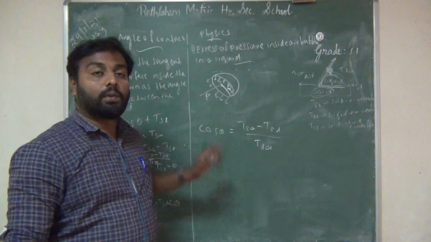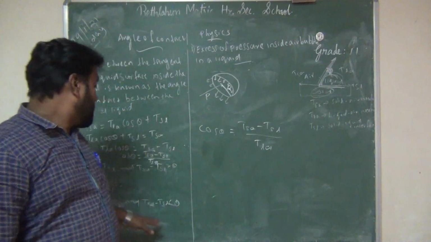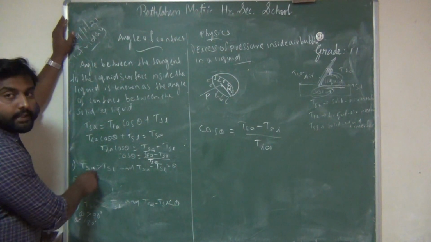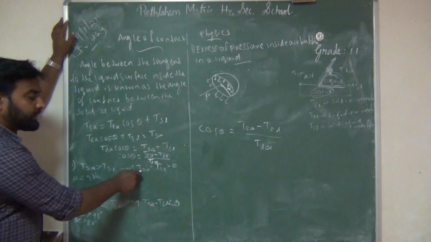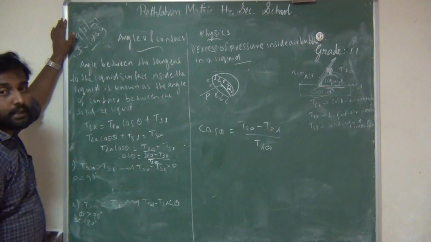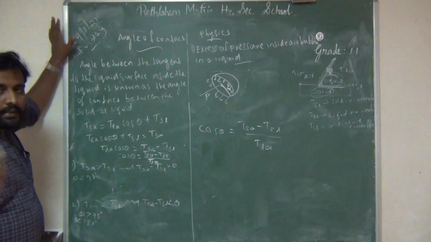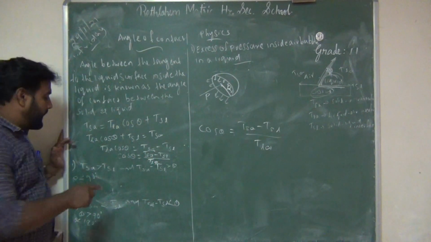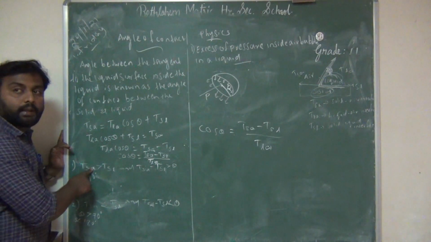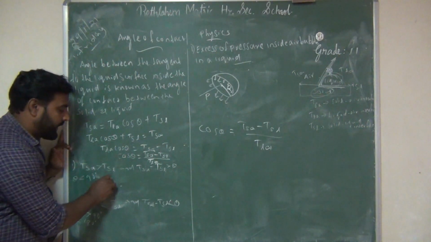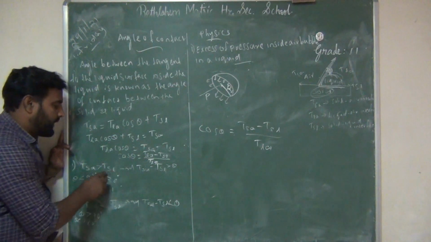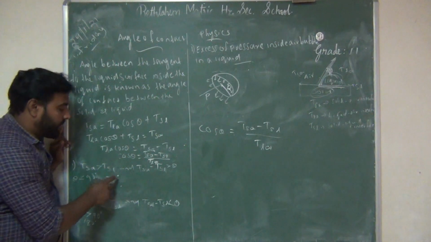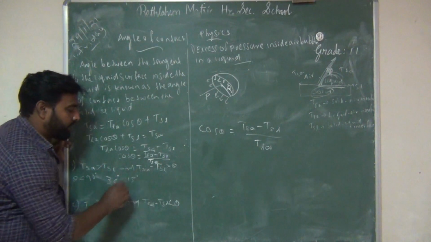Now you see there are three cases. First case is TSA is greater than TSL, and TSA minus TSL is greater than 0. It means, suppose you got a value for the angle between solid and air surface, 30 degrees, and the angle for the solid liquid interface, some 15 degrees.